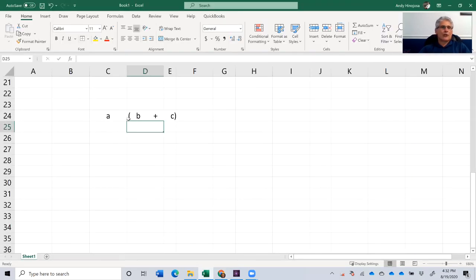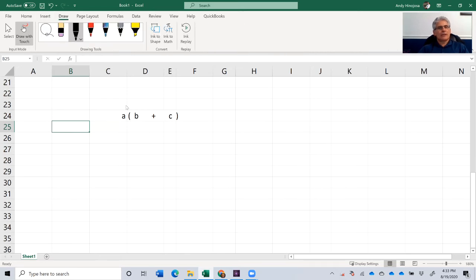So I have this expression a times, in parentheses, b plus c, which in some cases will make it difficult for us to continue to solve an equation, because the format of this expression will be a little difficult to work with. So we need to find a way to convert this in a way that may make it easier for us to solve an equation.